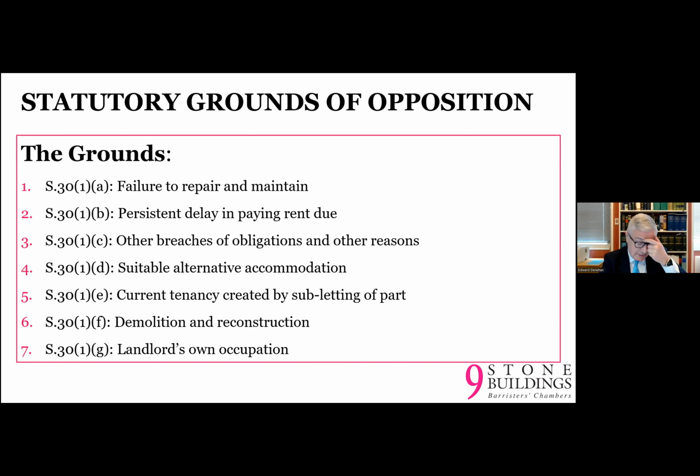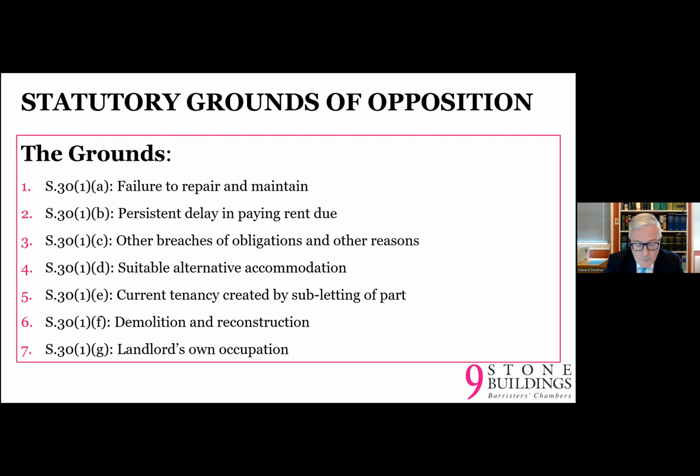Some of those bullet descriptions don't accurately describe the ground, for example, E, because it's just not capable of being summarized in a bullet point, but we'll come on to discuss the details of it in a few moments.